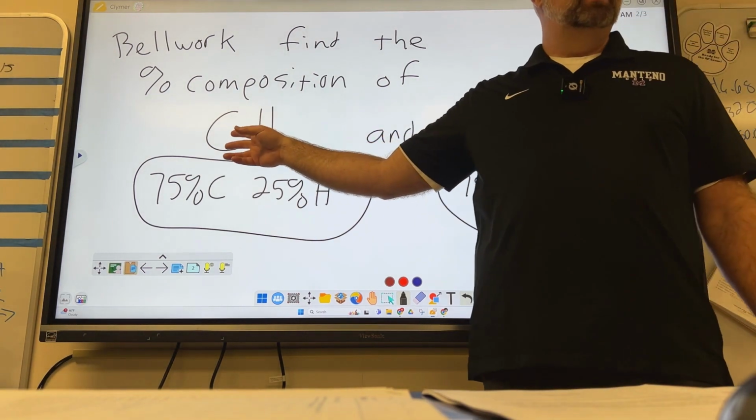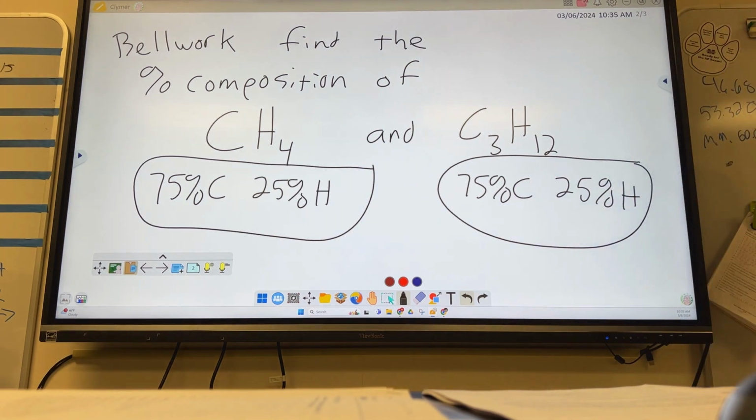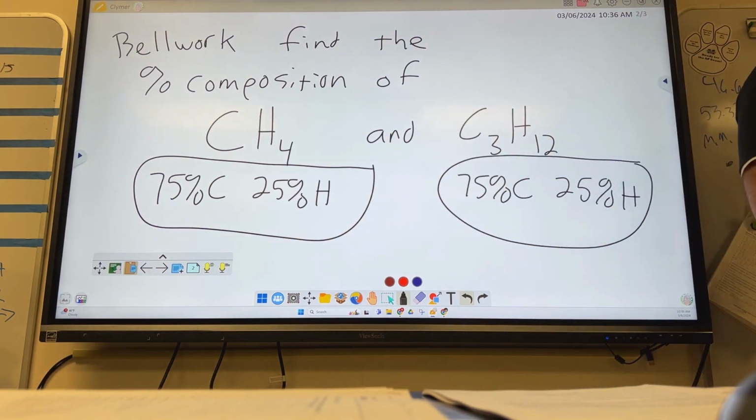It was this. That's because empirical formula only gives you that lowest ratio. What we learned today is molecular formula, and this is how we can actually distinguish which of these two things we're talking about. But you need to add a piece of data to the question.